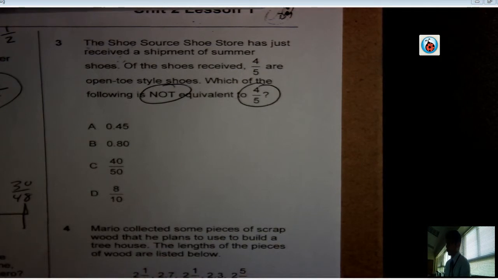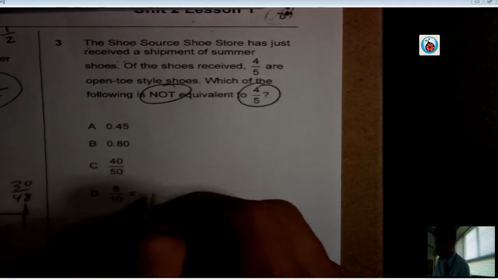Okay, number 3. It says the shoe store, that's a fun thing to say. The shoe store has just received a shipment of summer shoes. Of the shoes, 4/5 were open toe style shoes. Which of these are not equivalent to 4/5? Okay, so which one is not the same thing as 4/5?